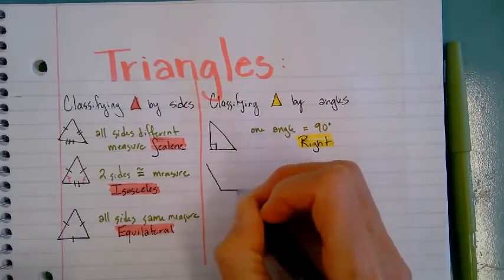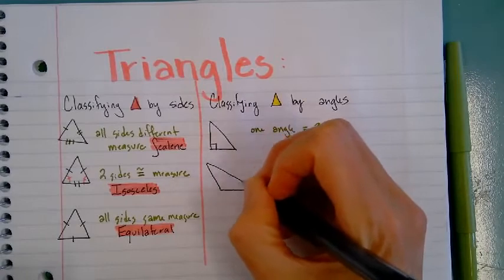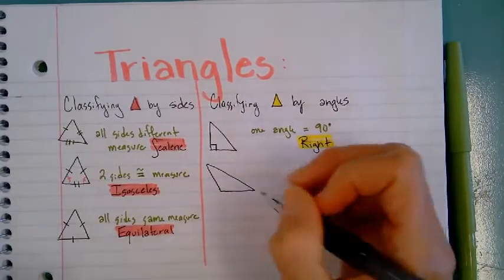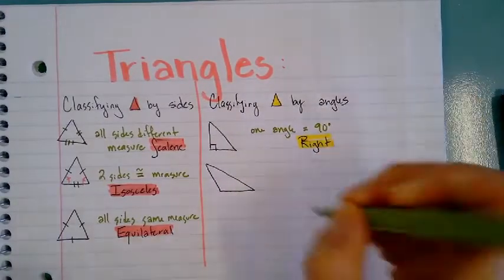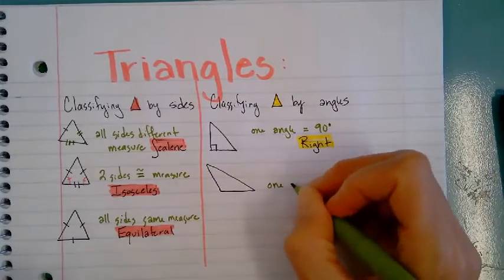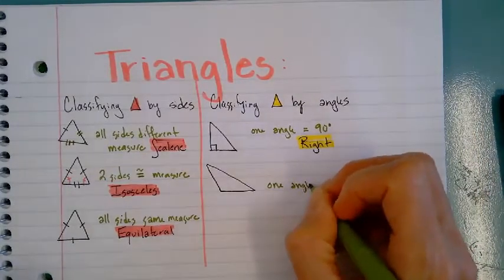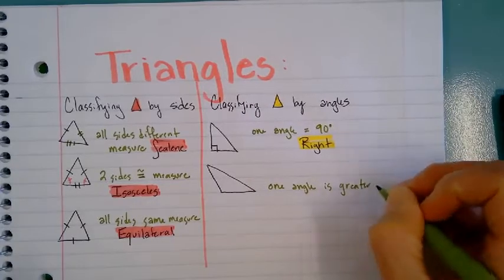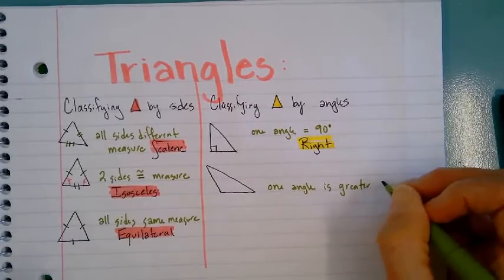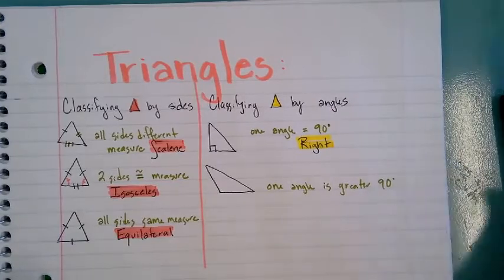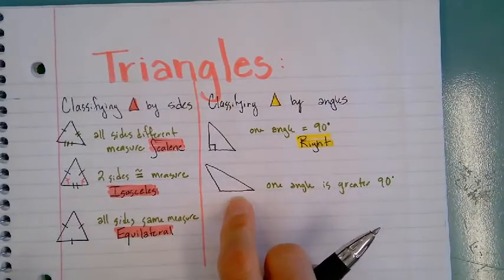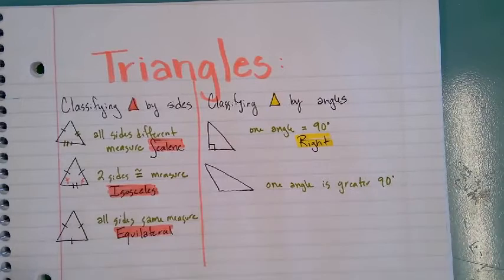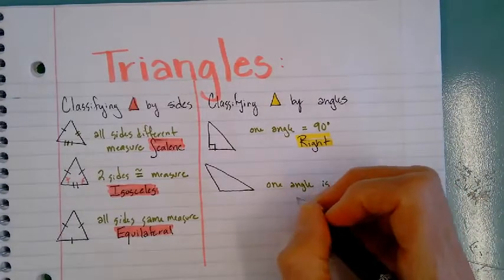All right, the second triangle we have is an obtuse angle, where one angle is greater than 90 degrees. As you can see, this angle in here is pretty large. It's greater than 90 degrees. So that's our obtuse.